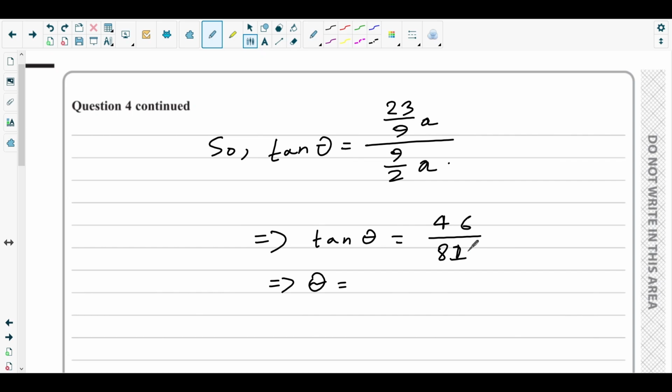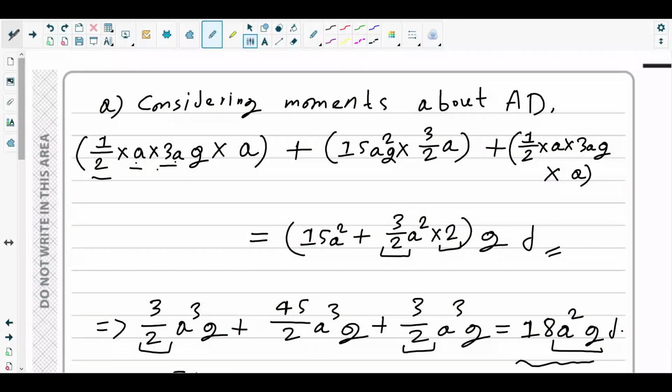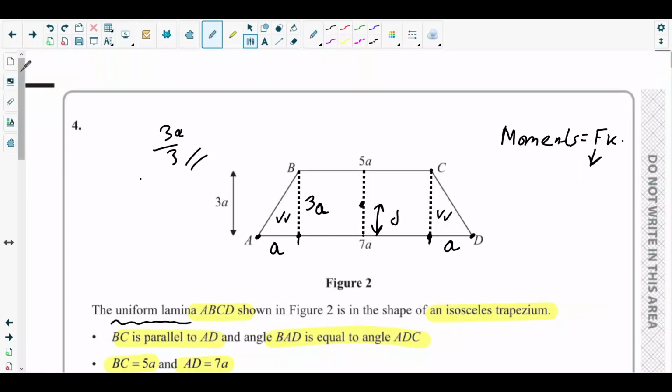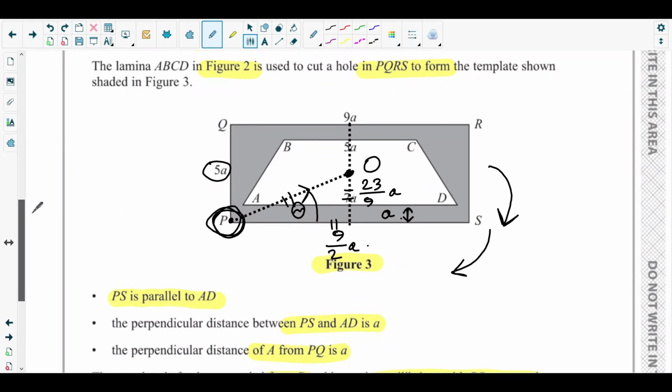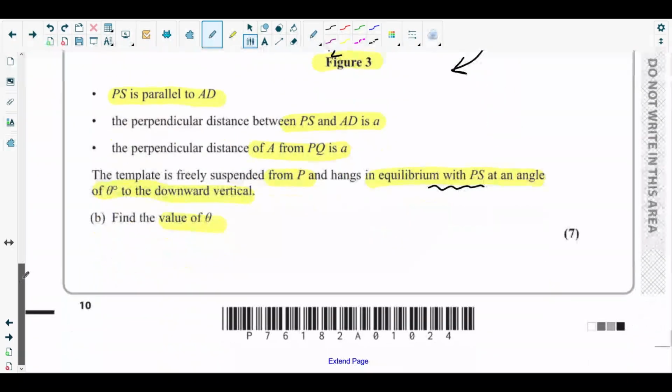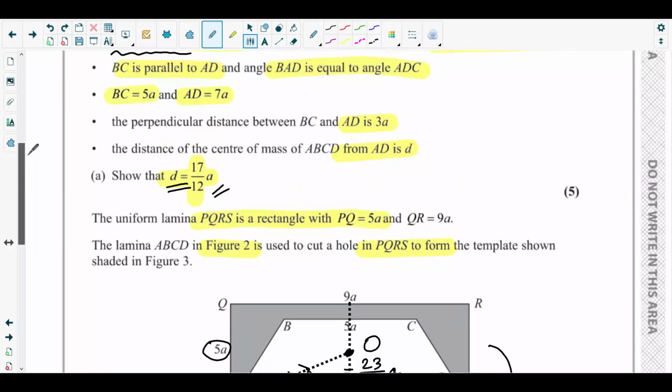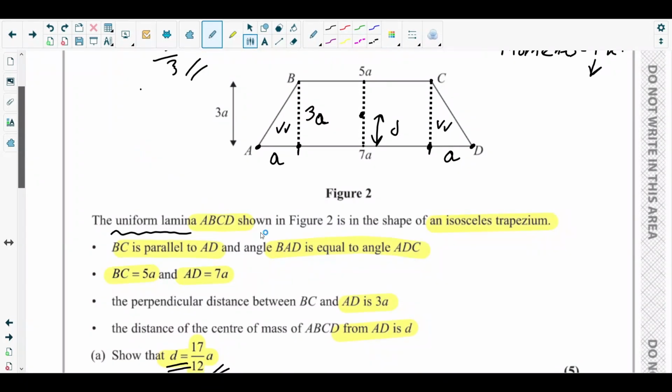So the tan inverse answer, it is not 81, it is basically 29.6 degrees. This is the value for theta. This is the angle that the vertical OP will make with the side PS as it is suspended from point P. And that's the answer for part B. Fine.